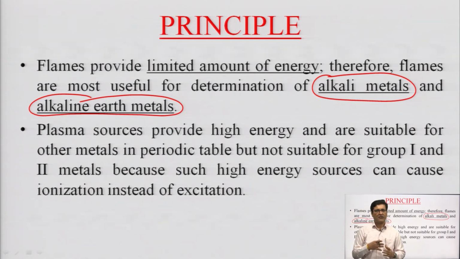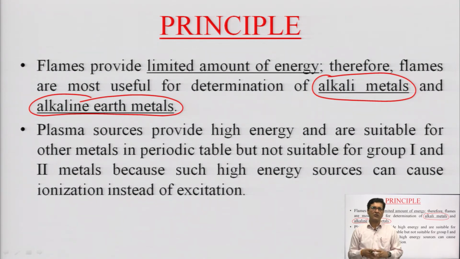But higher temperature techniques like non-flame methods, for example a plasma source such as ICP, can give you a broader range of elements that can be detected by using atomic emission spectroscopy. But such high energy sources are not suitable for group 1 and group 2 metals, because they may cause ionization.